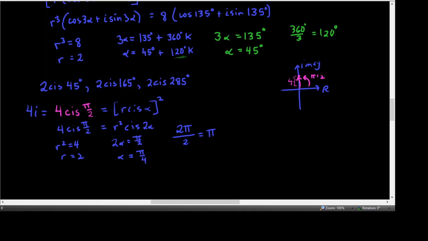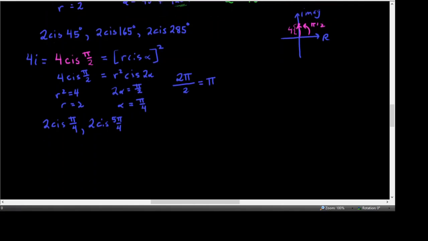And so what that means is that our answers are going to be 2 cis pi over 4, and the other angle is going to be pi over 4 plus pi. That's going to be 2 cis 5 pi over 4. Okay, and that's the complex number written in polar form.